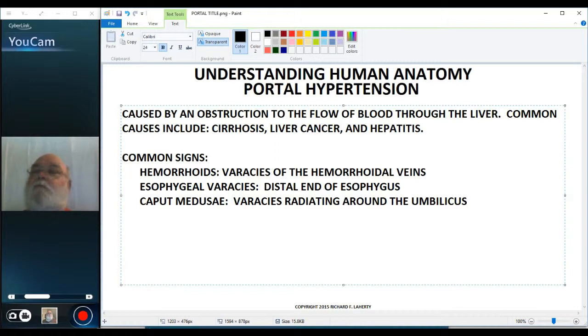And when you see caput medusae, it's usually a sign of very severe liver disease. If portal hypertension is not managed, it will lead to death.